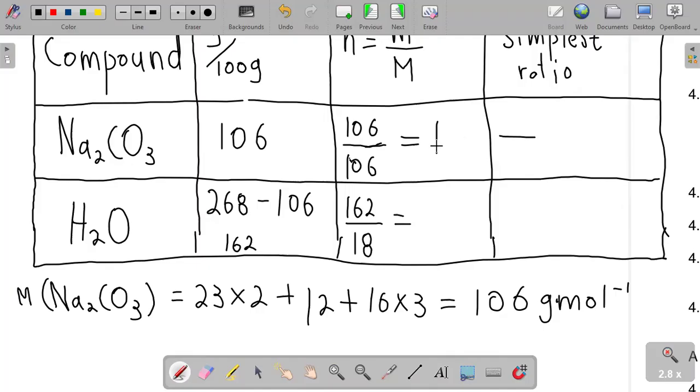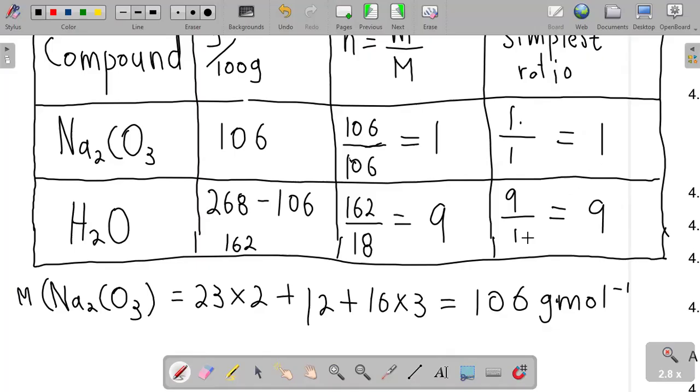So the simplest ratio again here. 162 divided by 18, you use a calculator there. It gives me 9. So you're going to say 1 and 9. And then you divide by the smallest, which is 1. So you divide by 1, you get 9, you get 1.